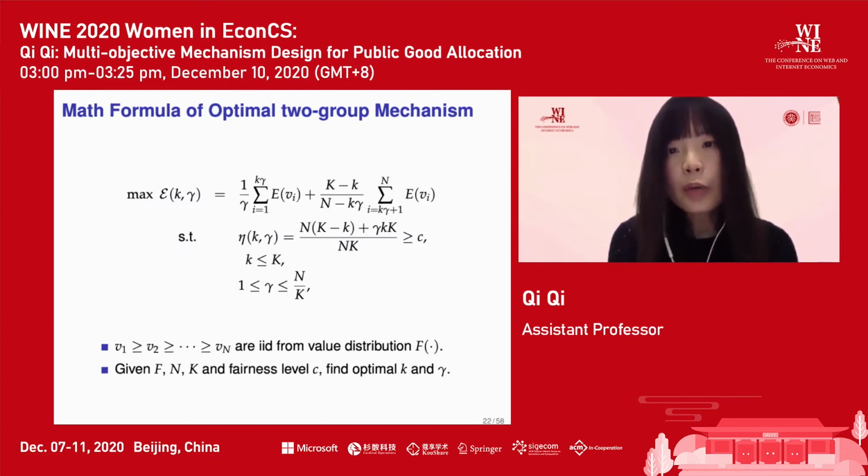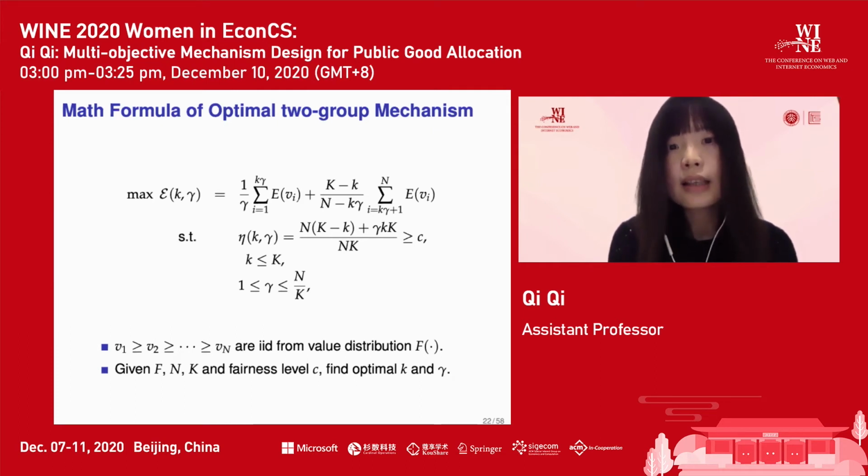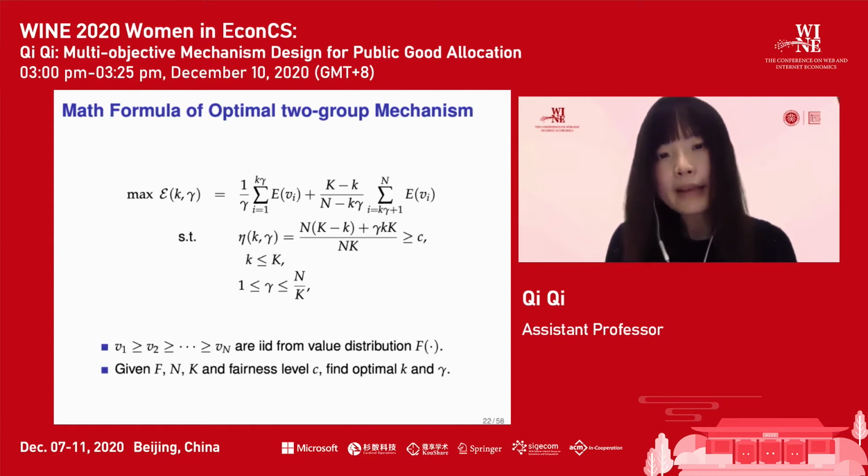So now we just focus on this two-group mechanism. Because it only has two groups, we can write the objective function: the first term is from group 1, and the second term is from group 2. It's the expected social welfare from both groups with the Gini inequality requirement. Given the distribution of the players, the total number of participants, the total number of licenses to allocate, and the required fairness level, we want to find the optimal K and gamma.